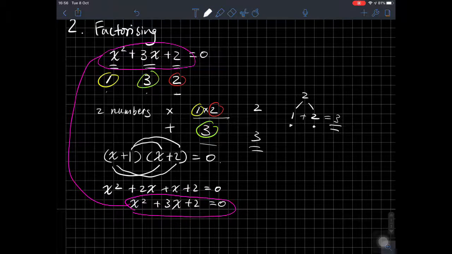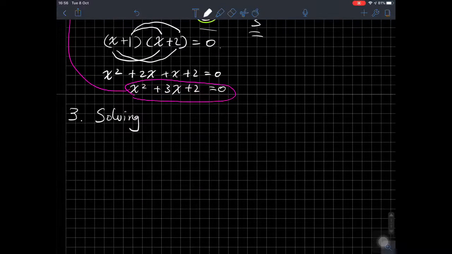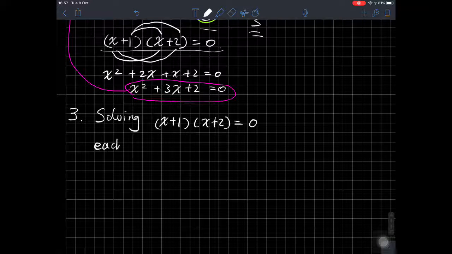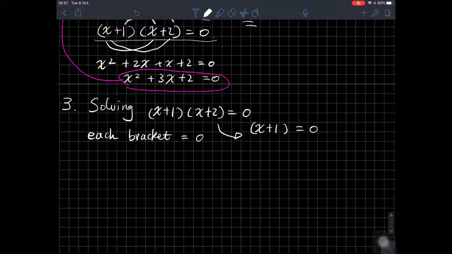Now, step 3, solving. Now that we've got our equation factorized, we can write it here, x plus 1, x plus 2 equals 0. Now, remember each bracket equals 0. So now we can expand this into x plus 1 bracket equals 0 and x plus 2 bracket equals 0.